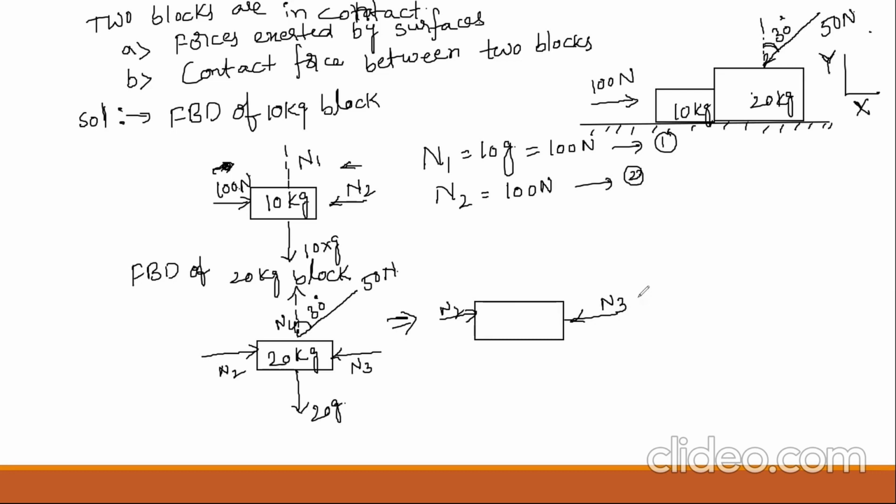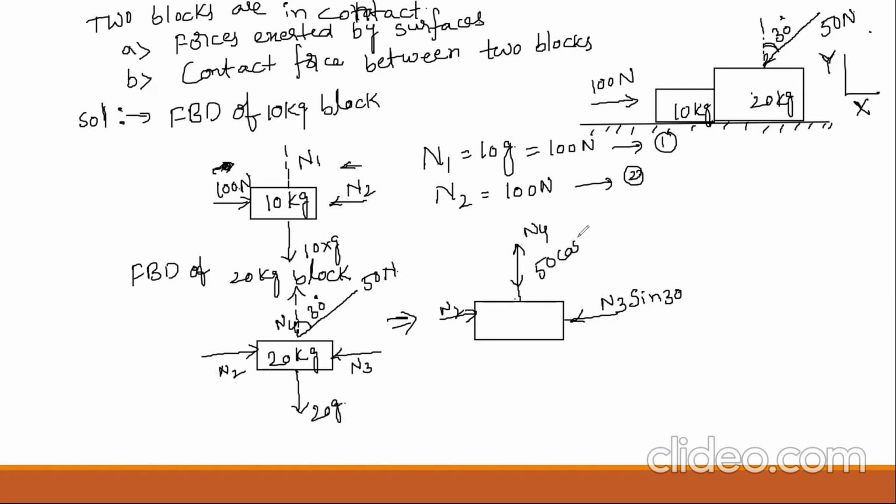So the parallel component can be taken as sine 30, and the perpendicular component can be taken as cos theta.